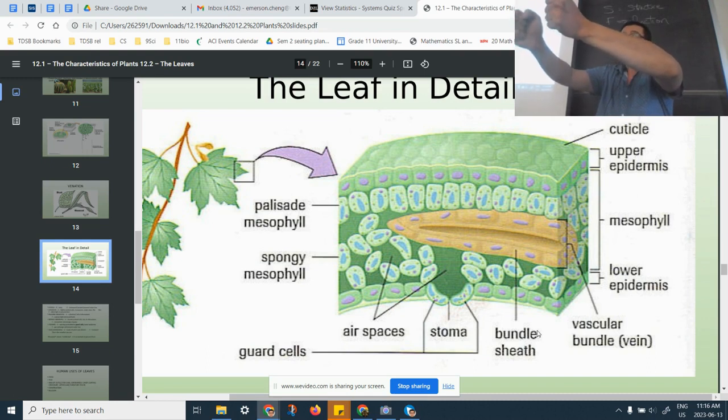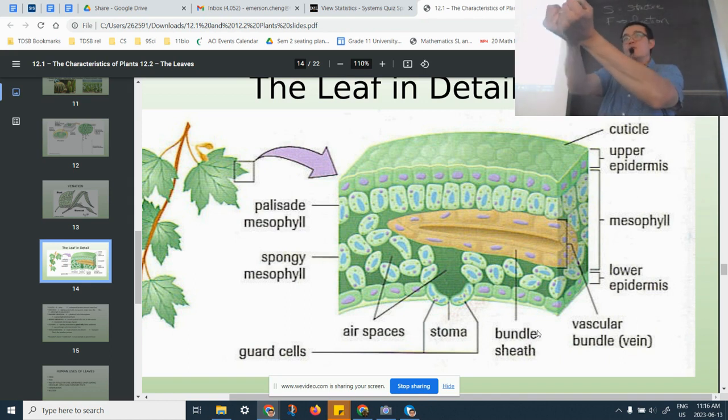But when the leaves start getting dried out, these guard cells will close the stoma. Then the water vapor won't escape that easily. Are we good? So the guard cells control the opening and closing of the stoma. It depends on water availability to the leaf. Okay? When there's enough water, it will open. If there's not enough water, it will close.